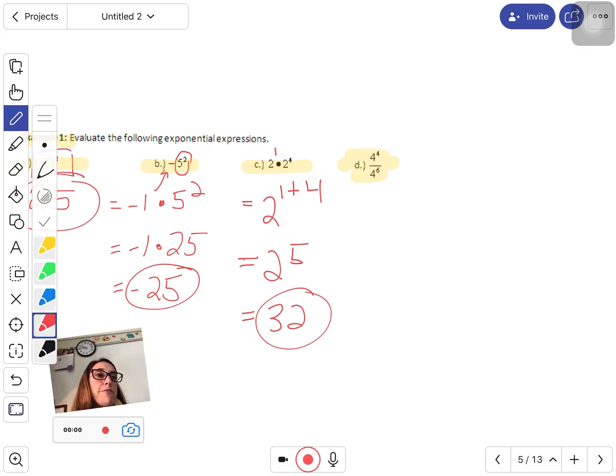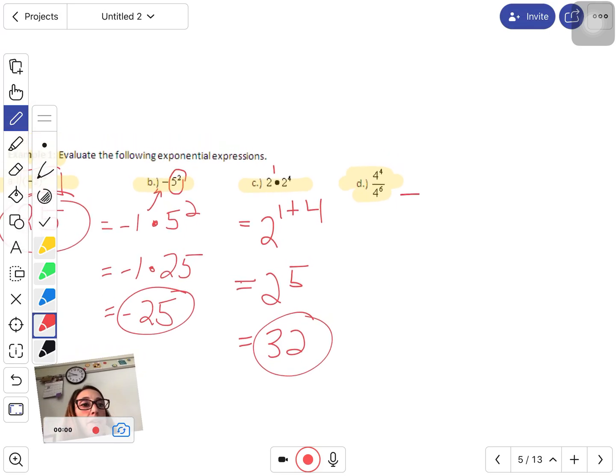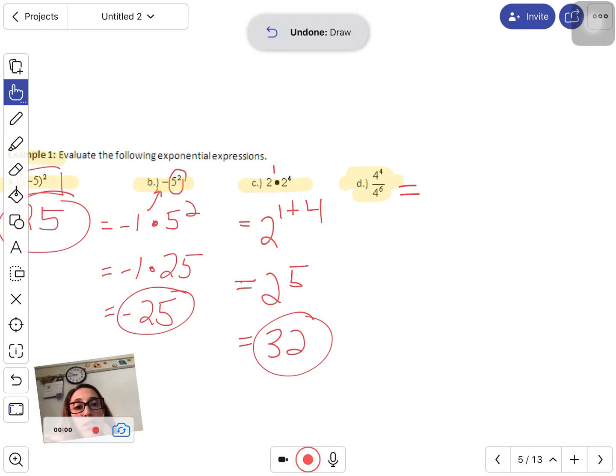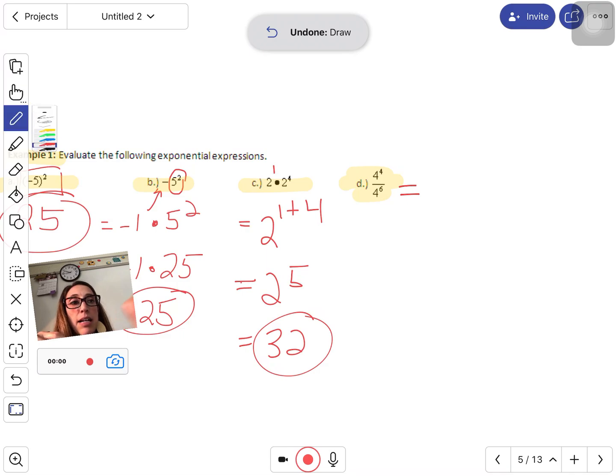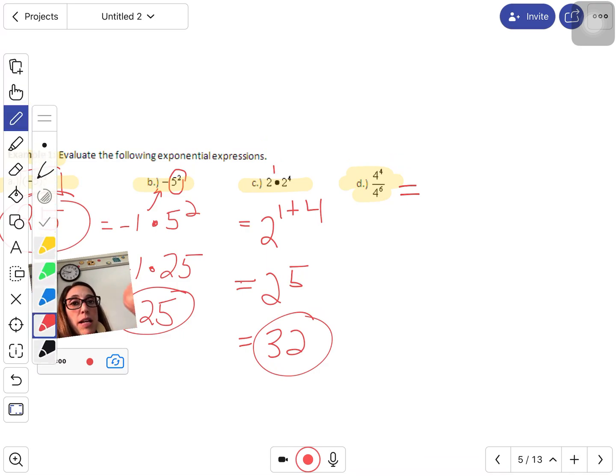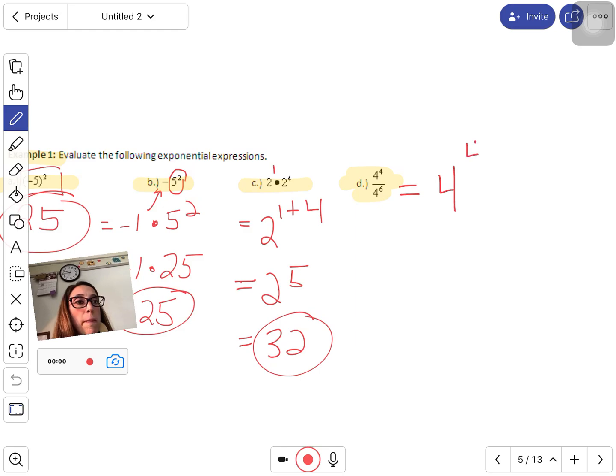All right, part D, we got 4 to the 4th over 4 to the 6th. So I'm going to go ahead and notice that I have like bases there. I have a quotient of like bases. So I can just subtract those exponents. So I have 4 to the 4 minus 6.